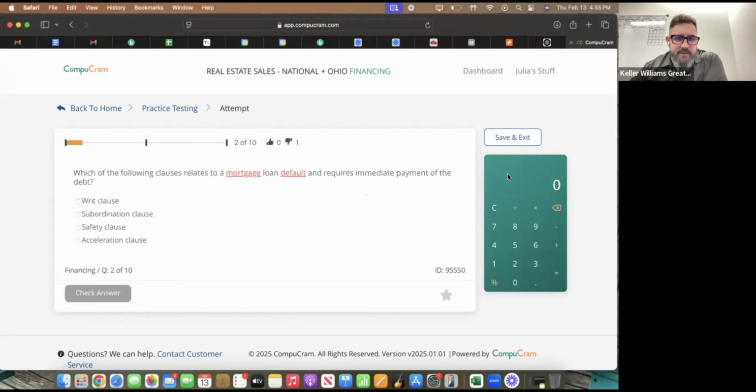Which of the following clauses relates to a mortgage loan default and requires immediate payment of the debt? A, writ clause, B, subordination clause, C, safety clause, or D, acceleration clause?